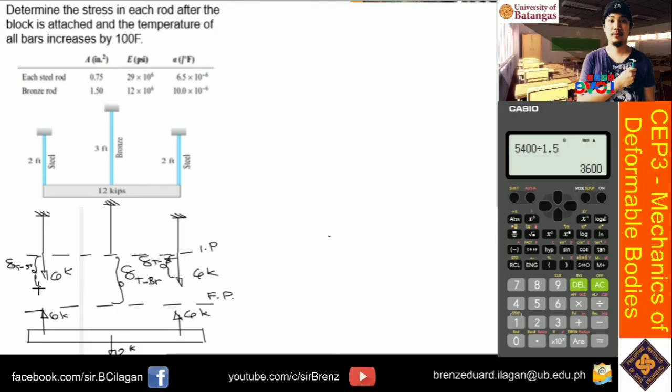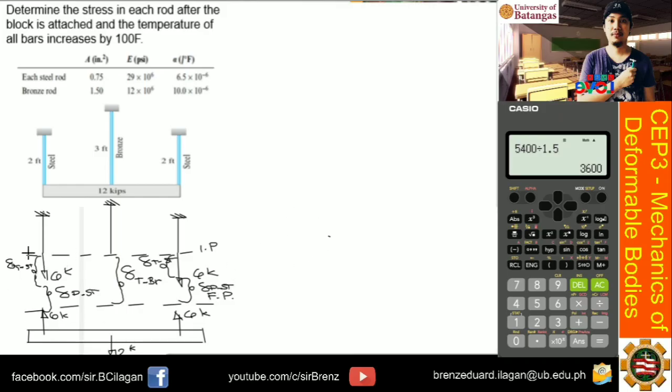And then yung remaining niya, ito will be due to the axial load or the axial deformation. So from here up dun sa final position, that will be the deformation due to the load P of the steel. Ayan. So deformation due to the load P for the steel.